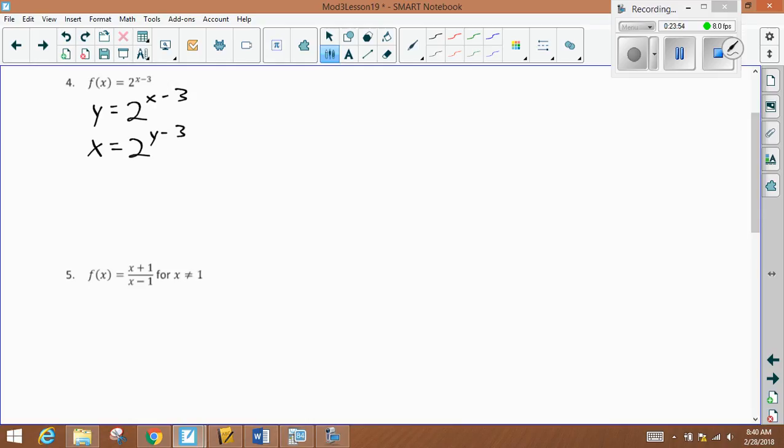I could take any log I want. I could take log base 10. But I'm going to go ahead and take log base 2 because the base of my exponent is 2, and it's going to make a little less work for me. So if you see this base here is 2, go ahead and use log base 2 of both sides, and things will be much better. Log base 2 of 2 to the y minus 3.